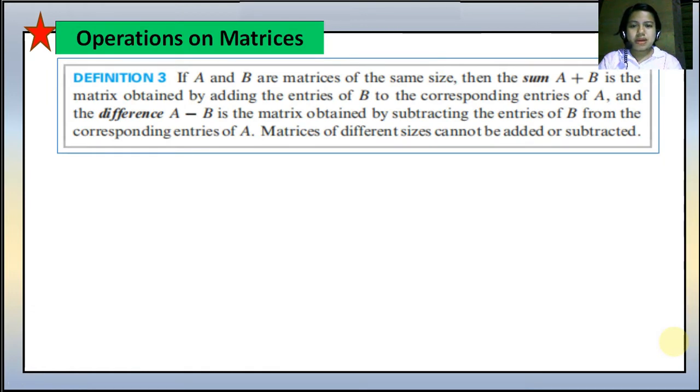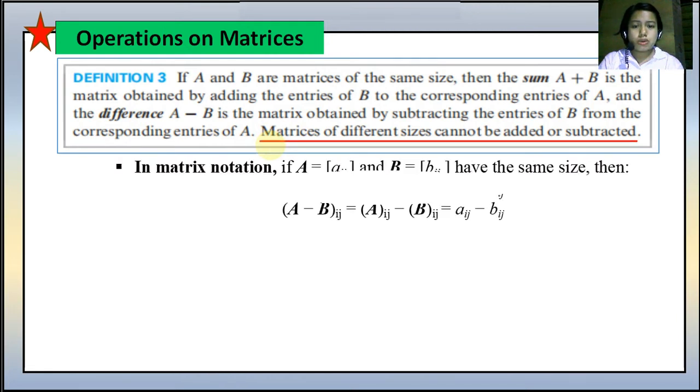If A and B are matrices of the same size, then the sum A plus B is the matrix obtained by adding the entries of B to the corresponding entries of A. And the difference A minus B is the matrix obtained by subtracting the entries of B from the corresponding entries of A. In this definition, it is important to note that matrices of different sizes cannot be added or subtracted.